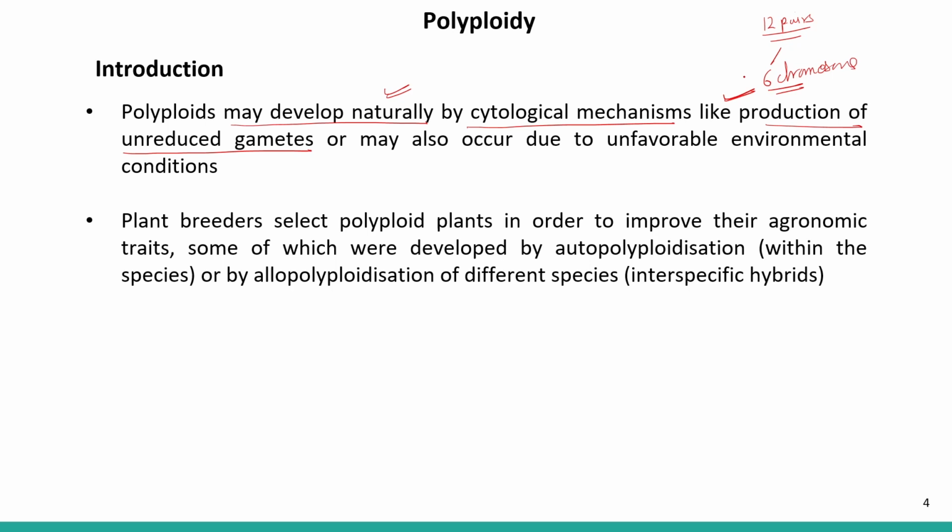So here the chromosome number got reduced. But in polyploidy, there is sometimes no reduction division at the time of formation of gametes. So unreduced gametes are produced, or this may also occur due to unfavorable environmental conditions.